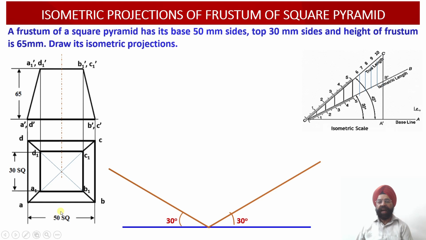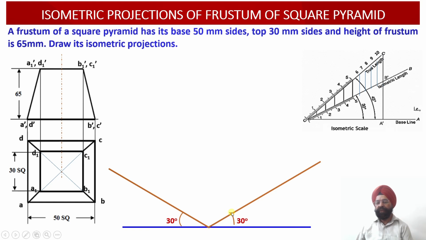Now, since I know that this is a square pyramid resting on its base on the horizontal plane, the two edges of the base, which are 50 millimeter by 50 millimeter, will be drawn onto the isometric axes over here. So here the 50 millimeter edge corresponding to AB will be drawn.